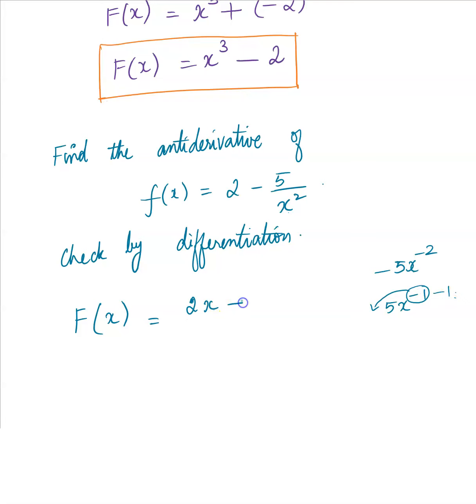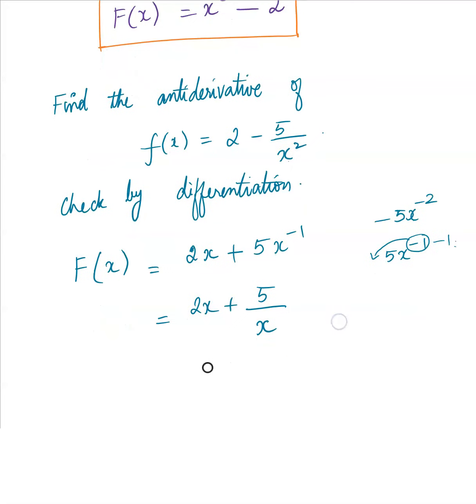So based on that, I know that this is going to be plus 5x power negative 1, and we can rewrite that as 2x plus 5 over x. As always, there will be a c, so F of x then would be 2x plus 5 over x plus c.